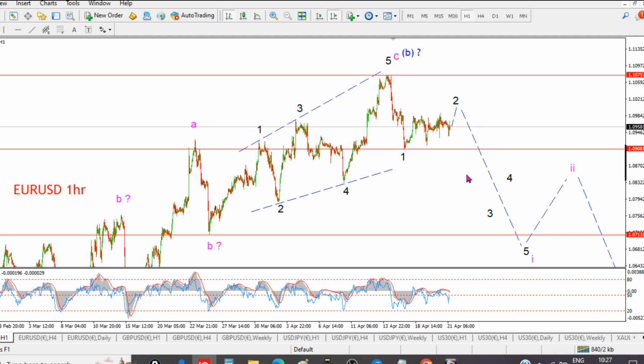Unless, when the market opens, we get some sort of nice impulsive move lower to break 109 again, there's a possibility that we have some sort of extended second wave going on here, as per usual. But anyway, we've got a 1 and 2 pattern, and should be heading down into wave 3 next week. Wave 1 here should break below the B wave low, so I'm looking at about 107 for wave 1 to complete.